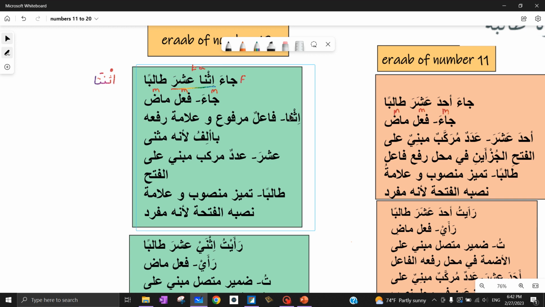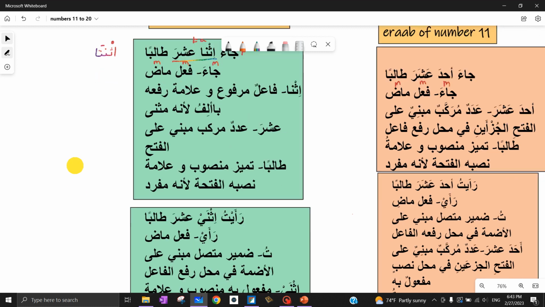Even after that, these two numbers are adad murakkab, okay, means a compound number name. Since it is a dual number, we need to do the Arab separately. That's the only reason. عشرة عدد مركب مبني على فتح. طالبا تمييز منصوب وعلامة نصبه الفتحة لأنه مفرد.